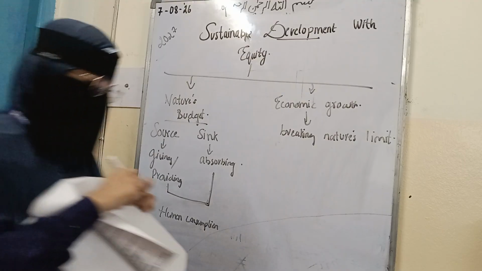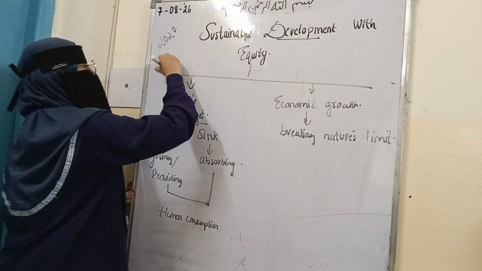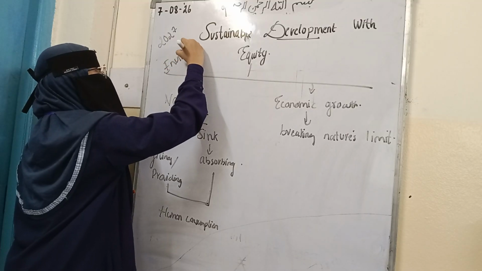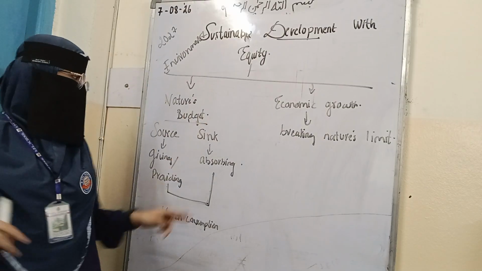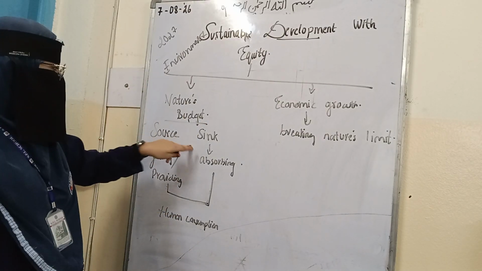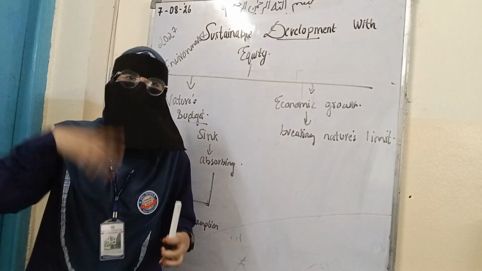The environment serves two vital functions: the source function and the sink function. Source basically means supplying or providing.